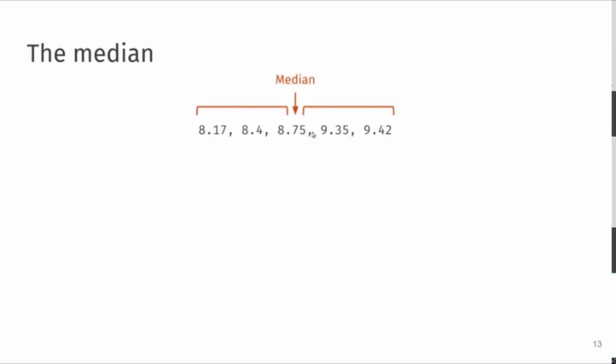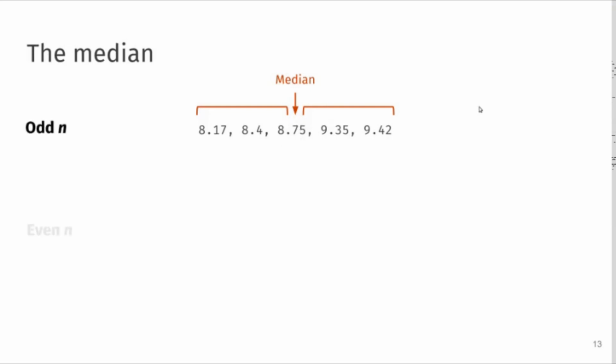Then half of it would be the stuff up here, and half would be down here. So the value that divides it into two equal halves, the median, is 8.75. You see, the lower half has 2 observations in it, the upper half has 2 observations in it, and so we found the median of our data set.